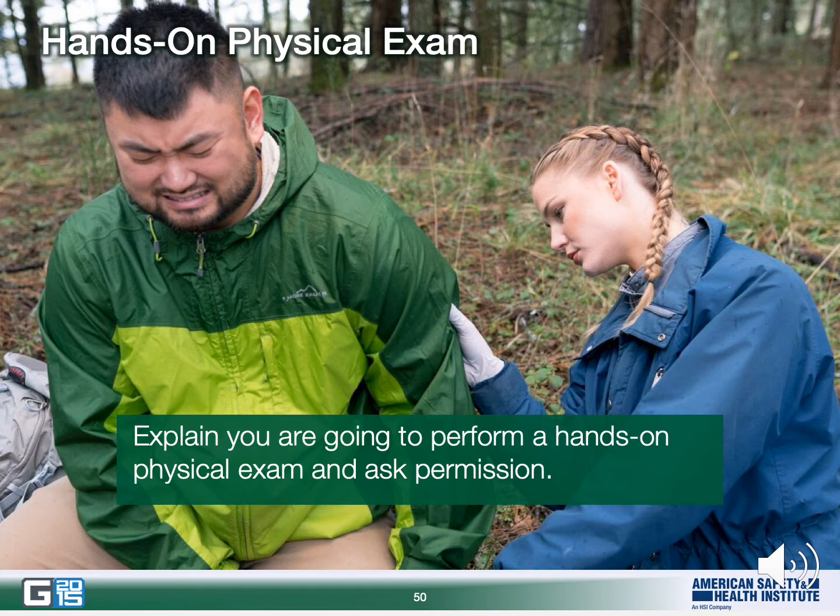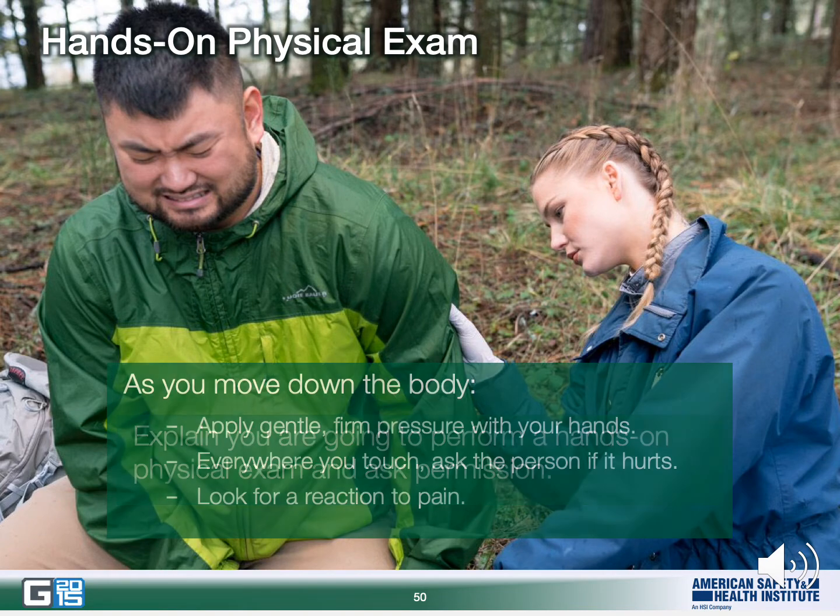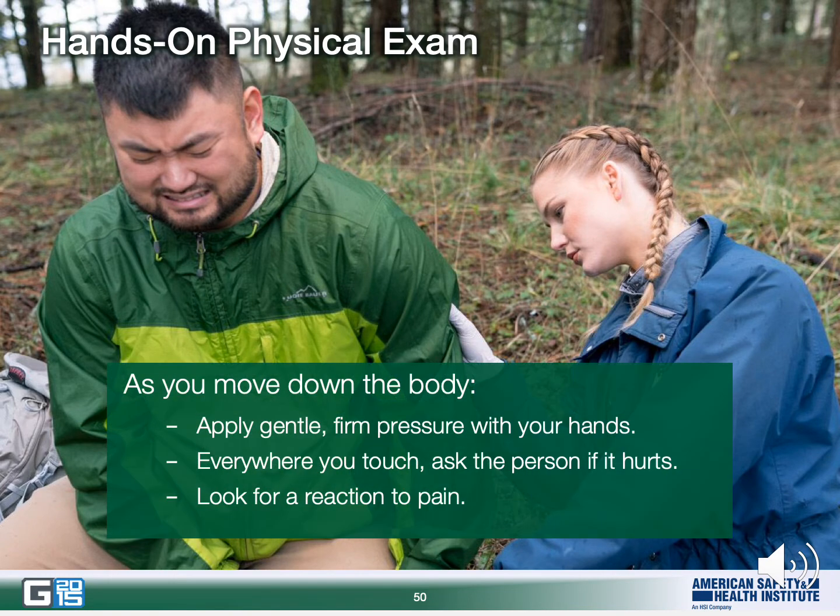Explain you are going to perform a hands-on physical exam and ask for permission. So every step of the way, when you're going to do something, you want to ask them if it's okay. All right. As you move down the body, apply gentle, firm pressure with your hands. Everywhere you touch, ask the person if it hurts. Look for a reaction to pain.